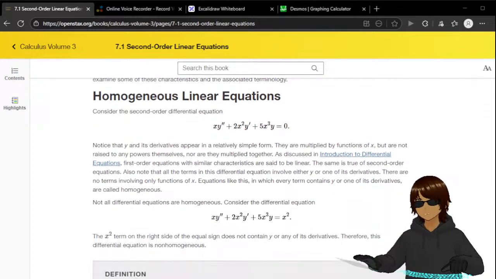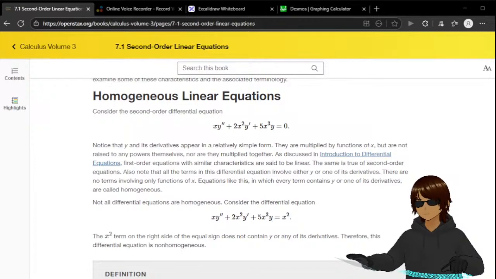Consider the second order differential equation. So only y is derivated twice, right? So x times the double derivative of y, plus 2x times the derivative of y, plus 5x cubed y equals 0. Notice that y and its derivatives appear in a relatively simple form.